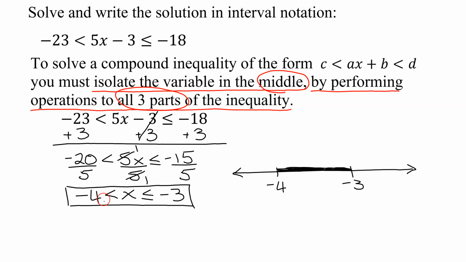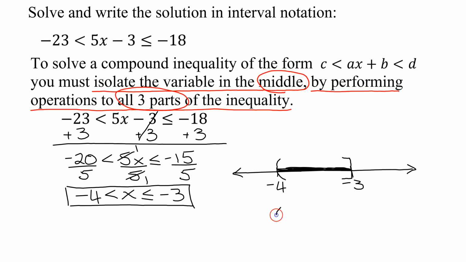And can I include negative 4 as part of my solution? No, there's no equals on the negative 4, so I'm going to use a parentheses on the negative 4. But negative 3 is part of the solution because of this equals here. So I'm going to use a square bracket on the negative 3. So what does my interval look like?